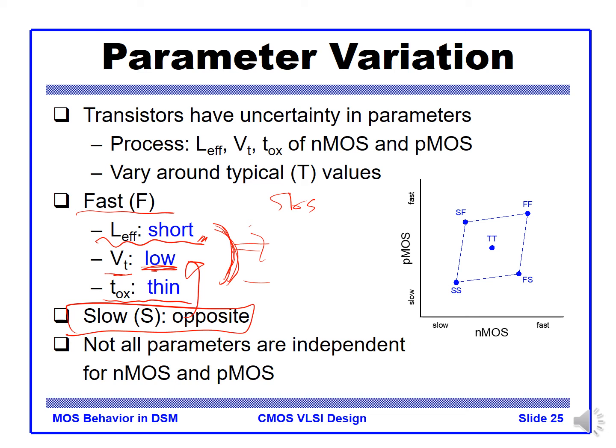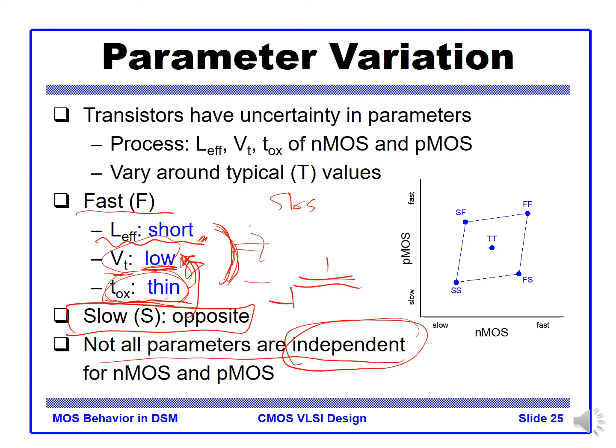So typically, all those parameters are not independent. Meaning, one will affect another. So thinner oxide will make a difference. Thinner means lower VT, because if you have a thinner oxide, there is more electrical field, even though you apply the same voltage.